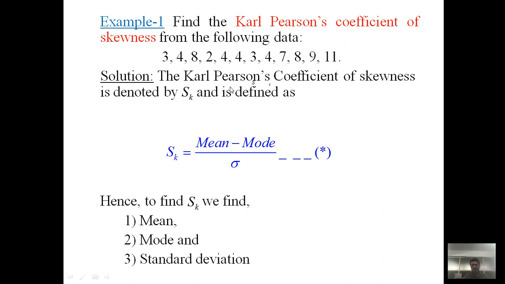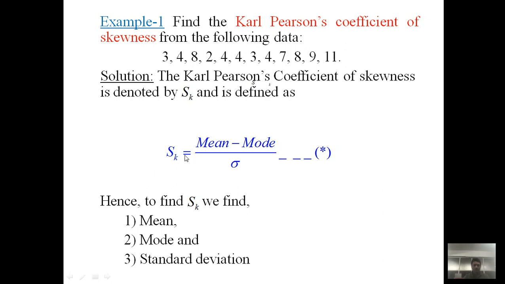The Karl Pearson coefficient of skewness is denoted by Sk and is defined in terms of measures of central tendency, that is, a combination of mean, mode and standard deviation. Sk is defined as mean minus mode upon standard deviation.